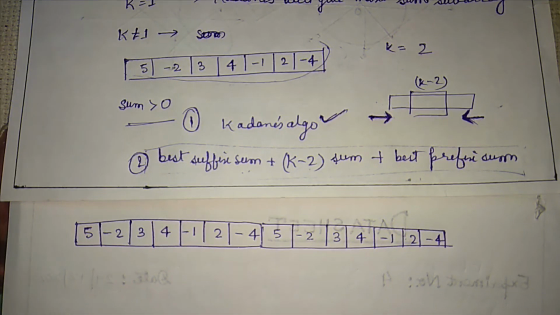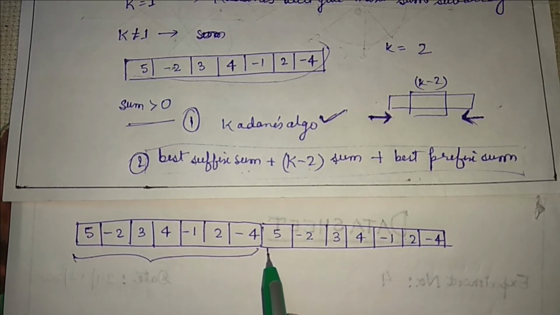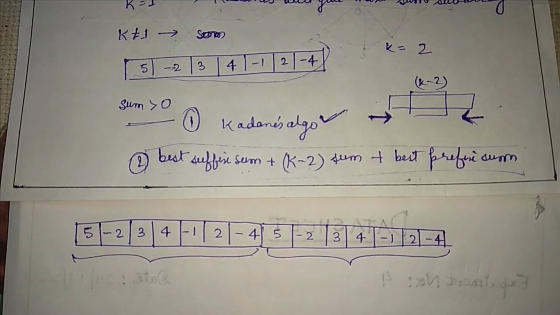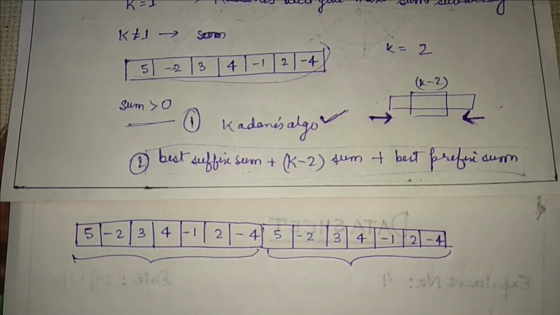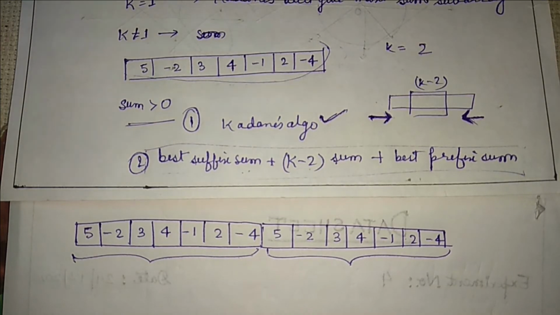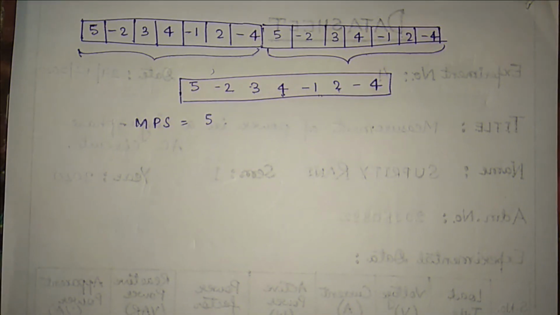So let's say our array is repeated 2 times. This is our first time and this is our second time as per the problem. Now I'll try to find the maximum prefix sum and maximum suffix sum, not for the resultant array, but for the given array. Maximum prefix sum will be 5 here.